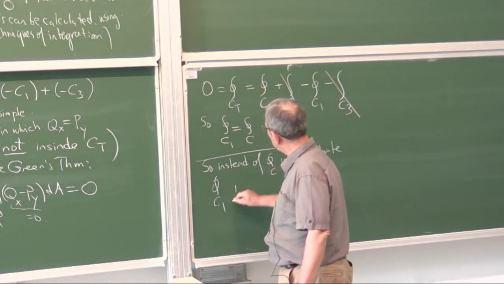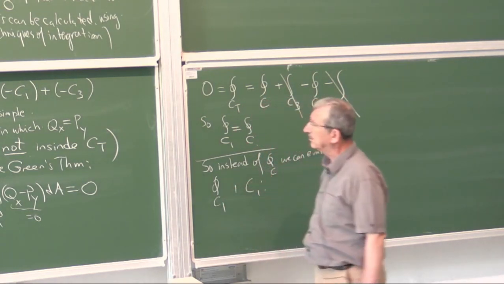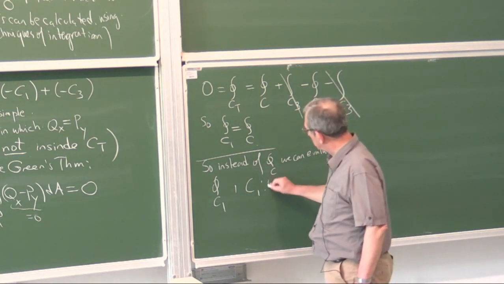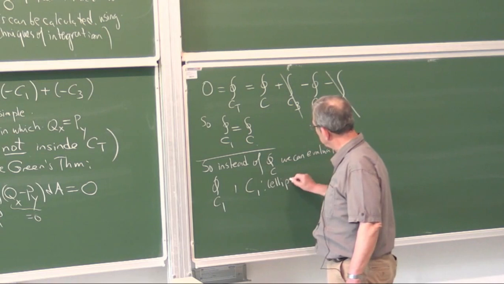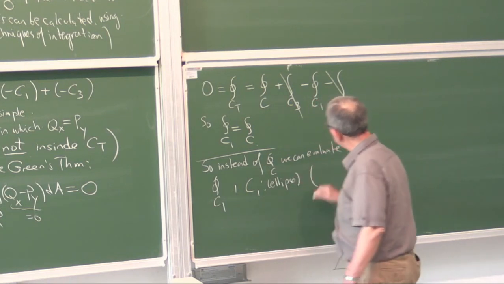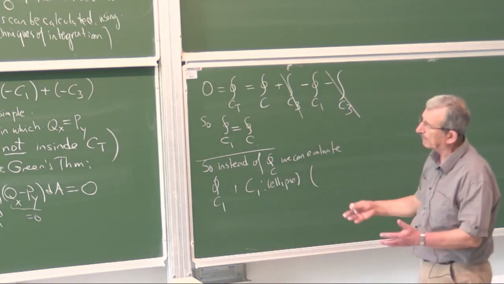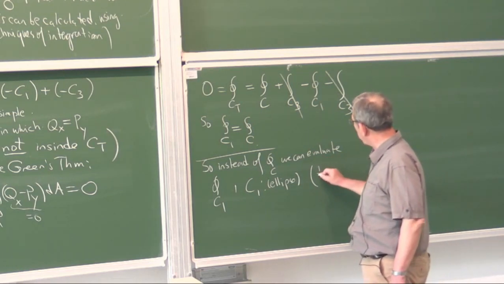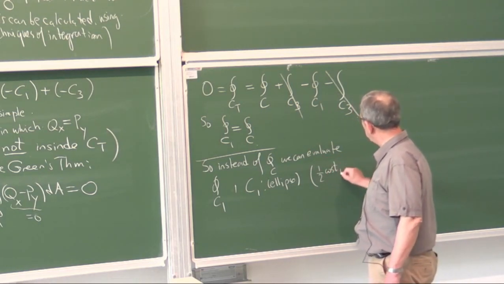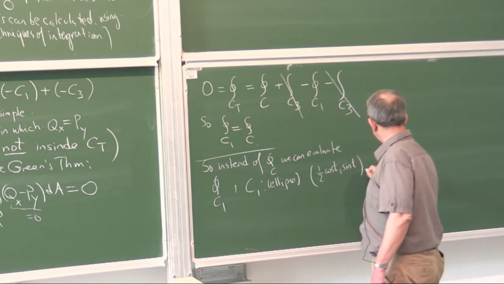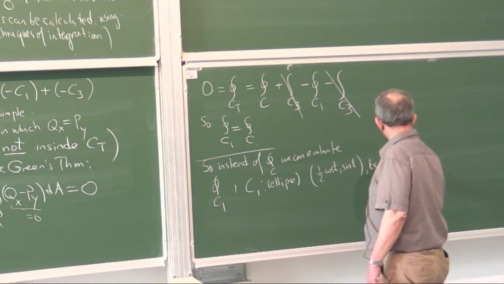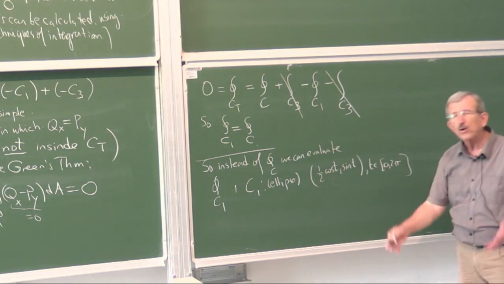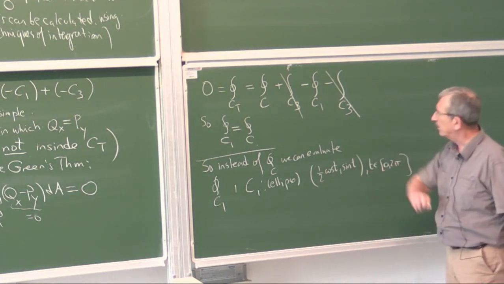Now, C1 is the ellipse. So I can take as formulation of it 1/2 cosine t, sine t, t in 0, 2 pi. Orientation will be correct, just like a circle. I only put a constant.